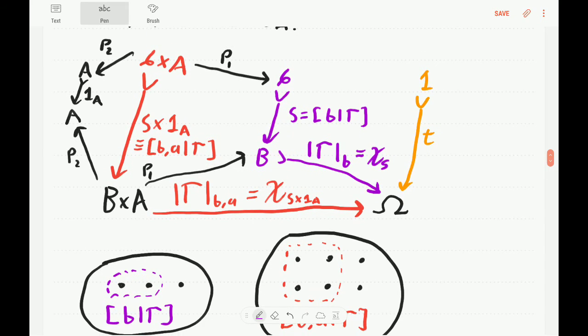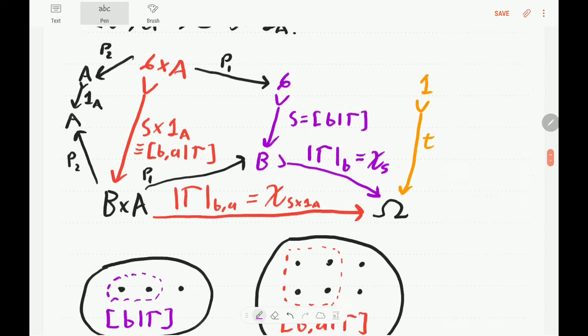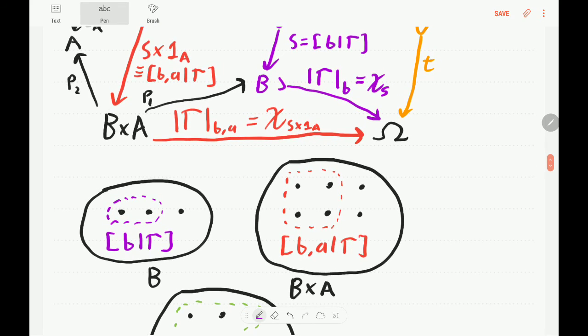So there we are. Now, how are we to think of this S times 1A, or equivalently this interpretation of gamma over B and A? Well, let's think about what's happening in Set, for example, because it's simpler.